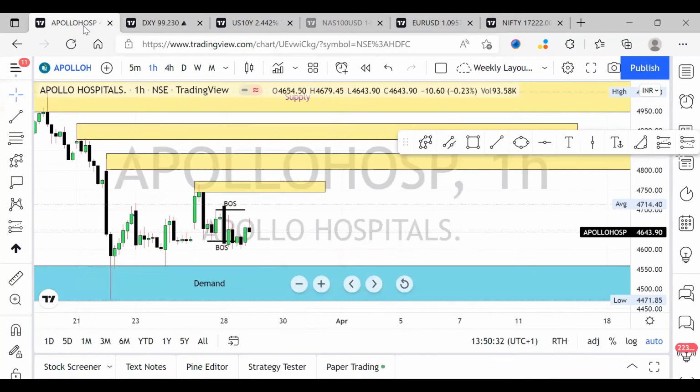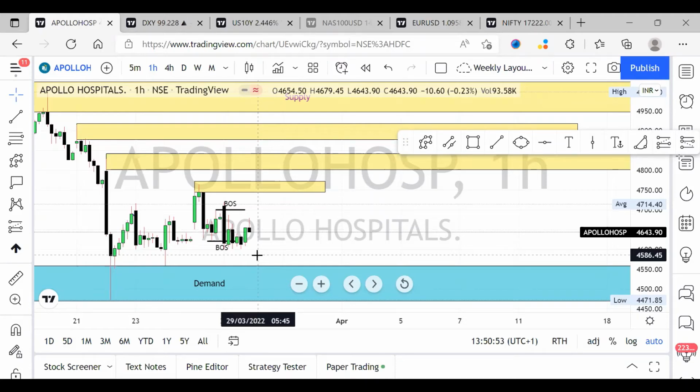This is correlated here: they are not able to make any higher highs, but the overall trend on Apollo Hospitals is bearish. Does this make more sense now? Yeah, perfect. Good. Anybody else got any other questions?